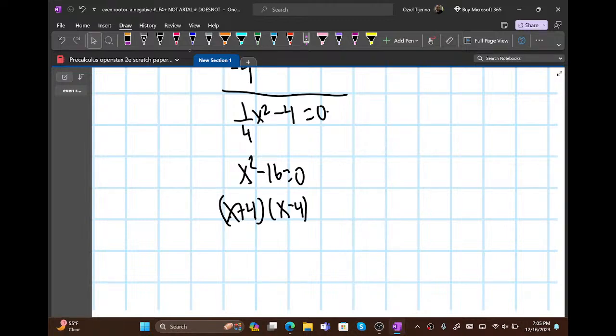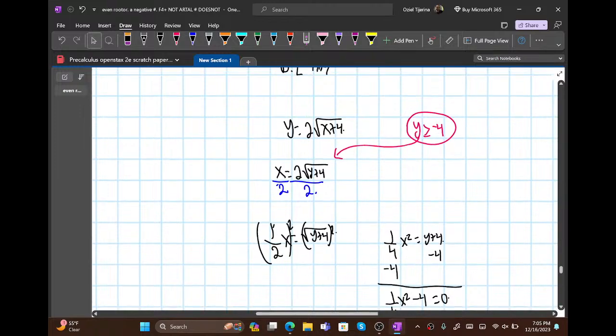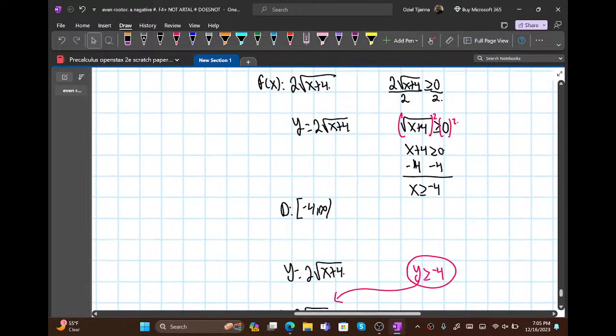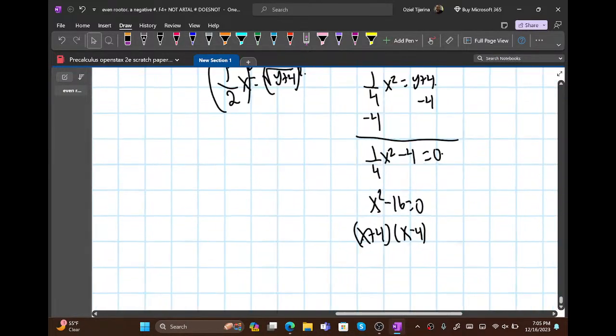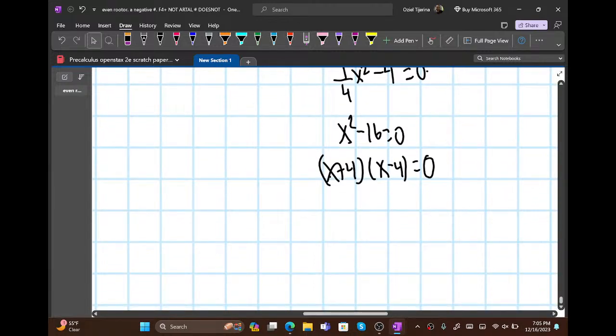The thing is, and so let me think here. Hold on. And we know that both of these were equal to 0.